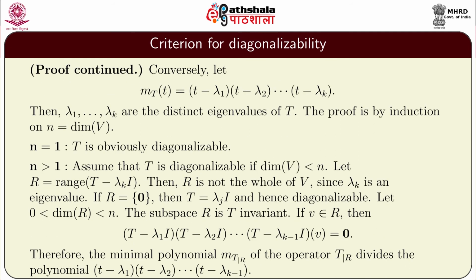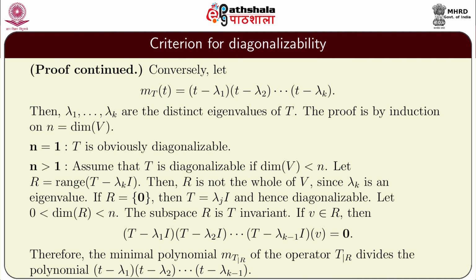Conversely, suppose that the minimal polynomial of T is given by this factorization into linear factors, that is (t minus lambda 1)(t minus lambda 2) and so on up to (t minus lambda k), where lambda 1 up to lambda k are the distinct eigenvalues of T. Now, we prove that T is diagonalizable, and the proof is by induction on n, which is the dimension of V. If n is 1, then T is obviously diagonalizable, there is nothing to prove.